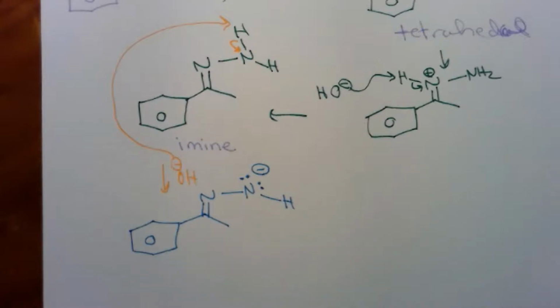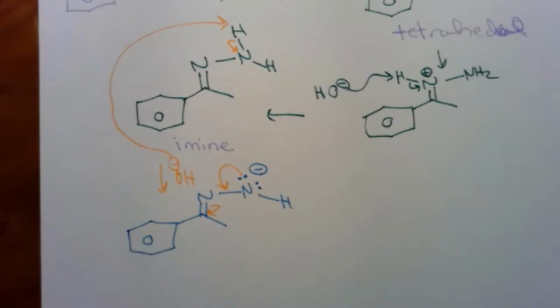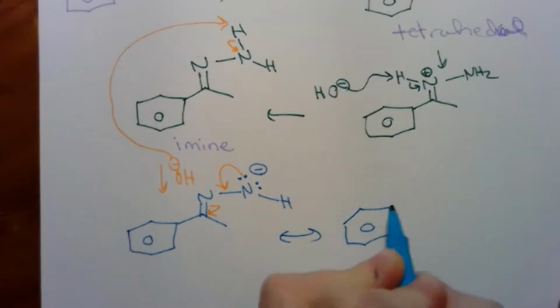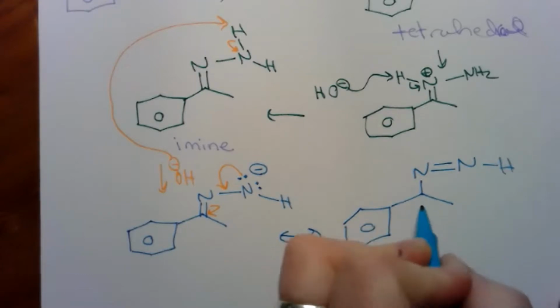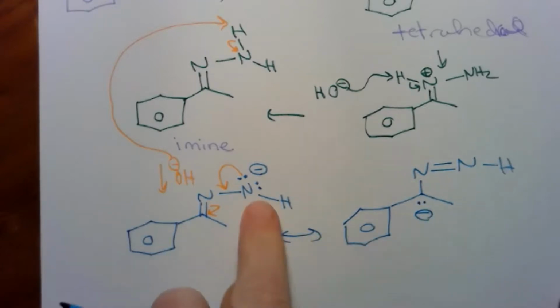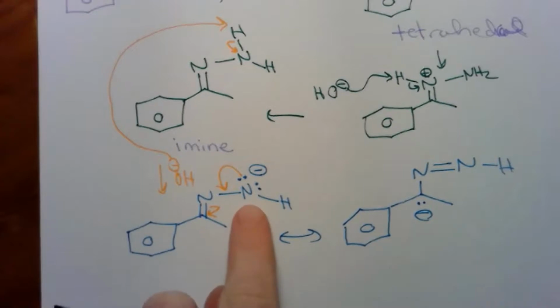This has a resonance form that looks like this. In on carbon, no, minus on nitrogen versus minus on carbon, this is the more favorable structure, but this one is going to get me where I want to go.